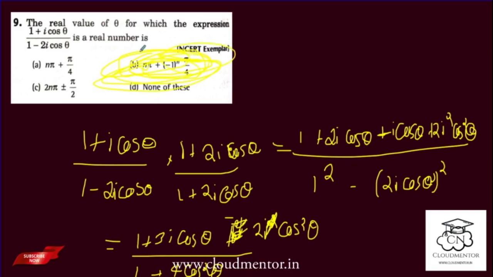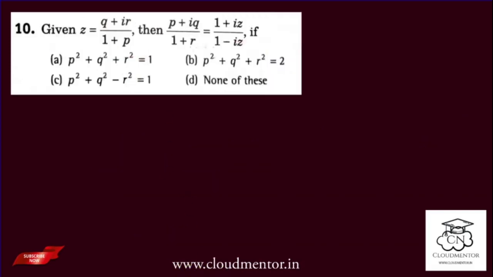So next question. Given z equal to q plus ir by 1 plus p, then p plus iq by 1 plus r equal to i times 1 plus iz by 1 minus iz. If which one?